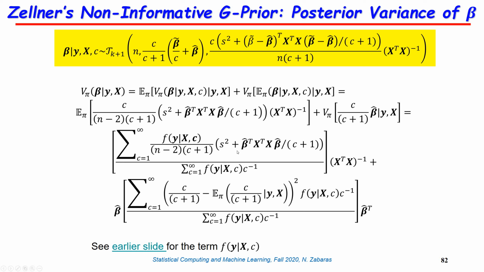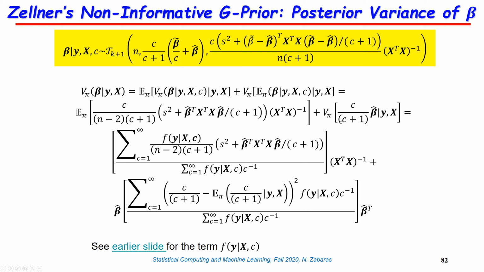You can actually see what happens here, right? If you pay attention to details, I notice here this C has disappeared, and it has disappeared because when I take expectations with respect to the posterior, I'm going to have the marginal likelihood times the prior, which is C minus 1, and this C will cancel out, so only this C plus 1 and this C plus 1 remain there.